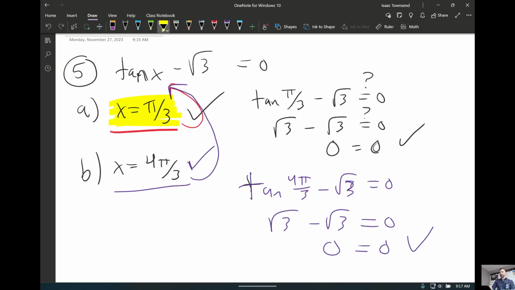So both of these work. They're wanting you to show the plugging it in and verifying that it makes a true statement. Of course, if you did a question on your quiz and you plugged it in and it did not work, that is your red flag that you did something wrong. Either an algebra mistake or a unit circle mistake or naming the angle wrong, something like that. But at least you would know something was wrong.